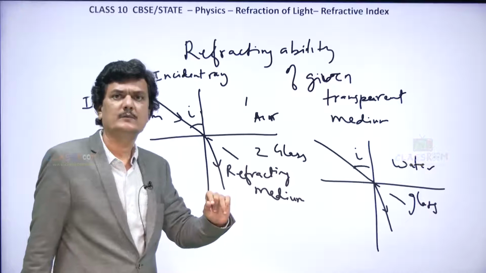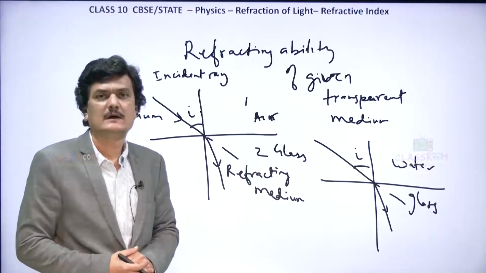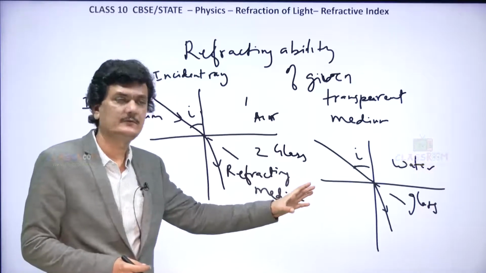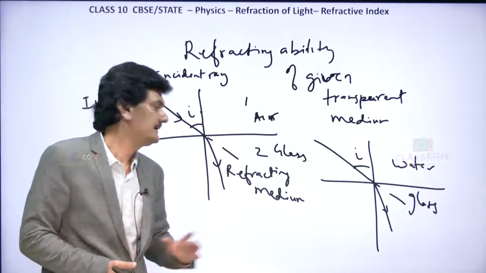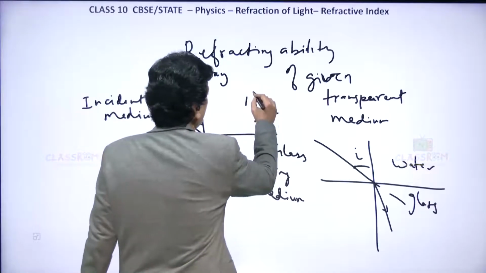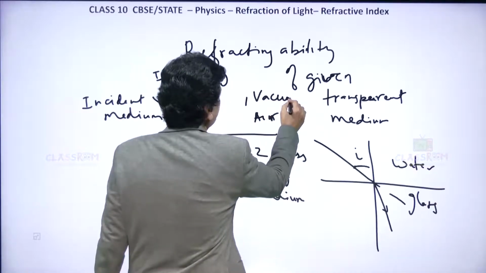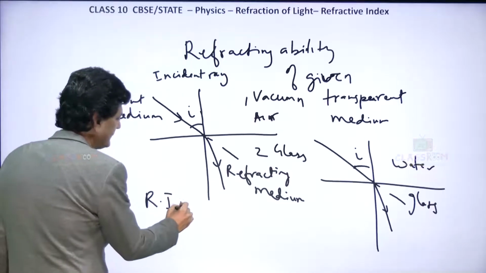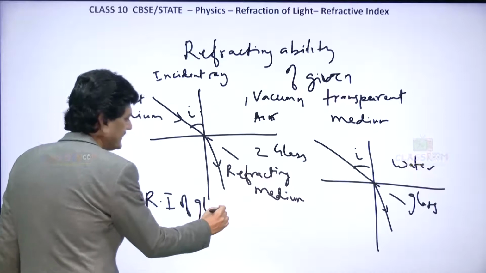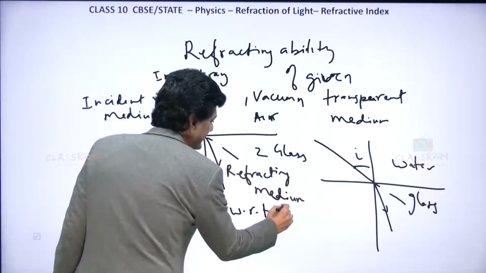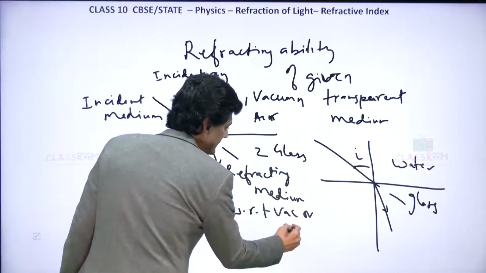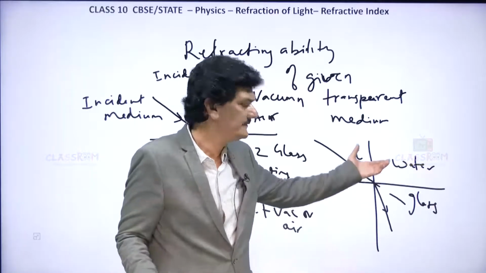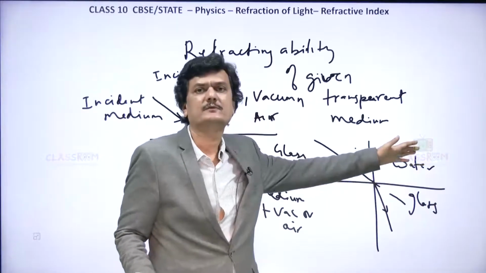we find out two abilities: refractive index with respect to vacuum and then refractive index with respect to whatever might be the first medium. Like in this case, with glass we will find out the refractive index of glass with respect to vacuum or air, and then as the situation arises, whatever is the first medium, the refractive index of glass with respect to that medium, relative.